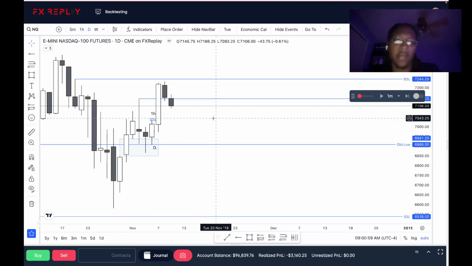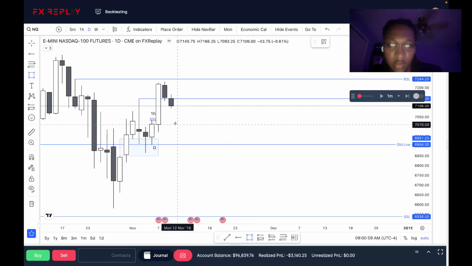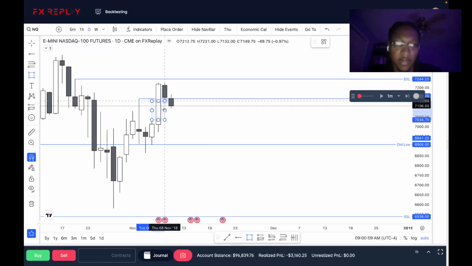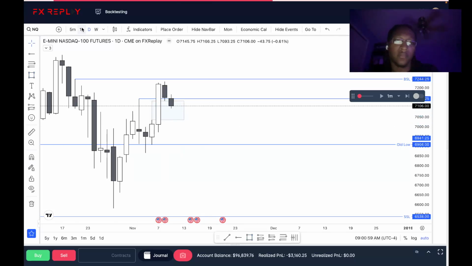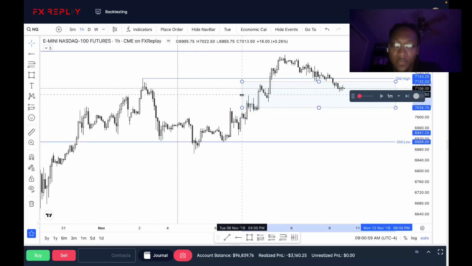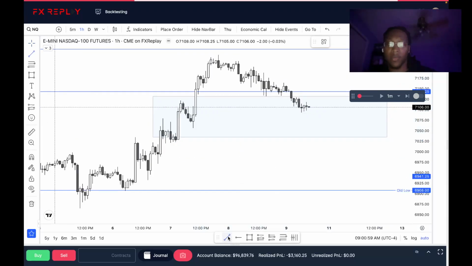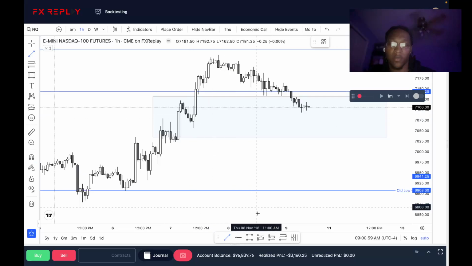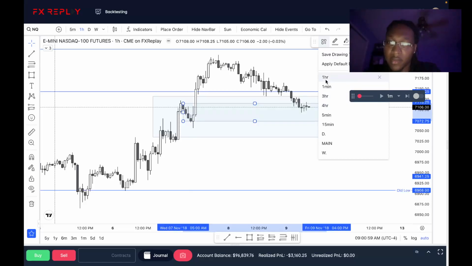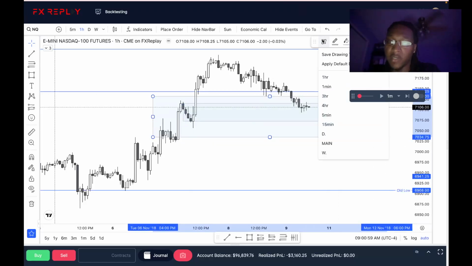On a daily, we traded down into this inefficiency here. First, let me take these off. We trade down into this inefficiency. If these order blocks right here hold, price can find support inside of the daily inefficiency.